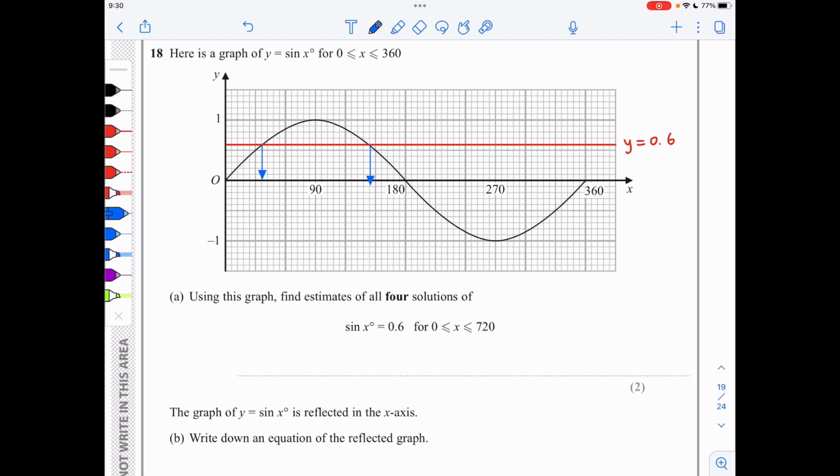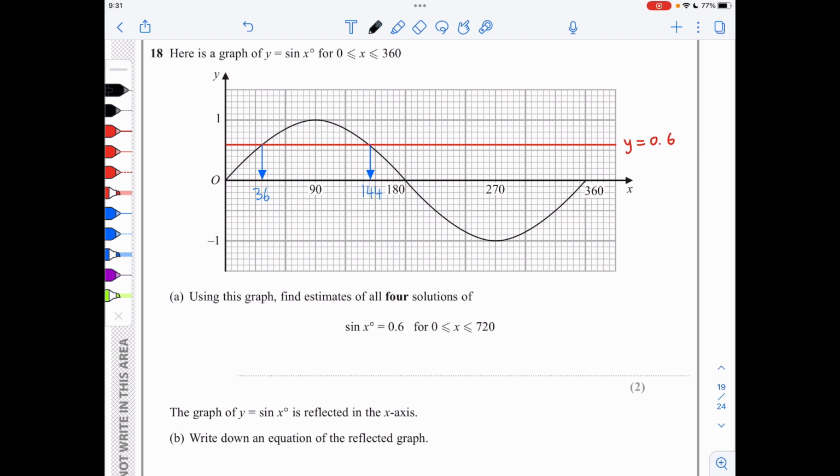Now if you notice from 0 to 90 I've got three big squares, so each one of them is 30 degrees, and then each square is subdivided into 5 smaller ones, so each small square is 6 degrees. So this here is 36 and the other value is 144.